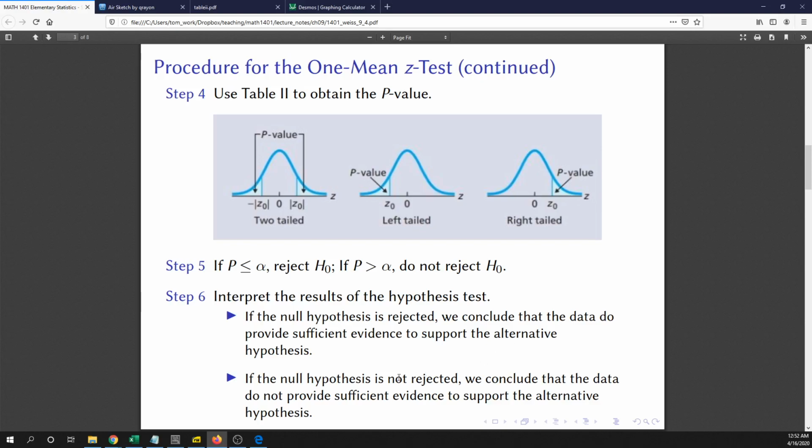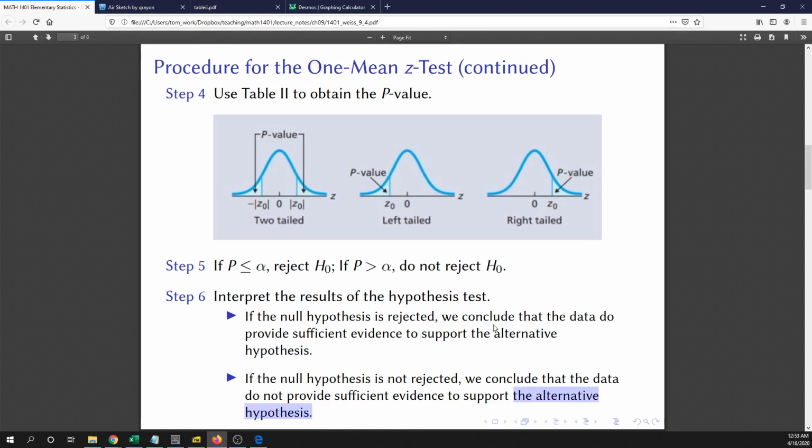All right, and then if you fail to reject or do not reject, then you conclude that the data do not provide sufficient evidence to support the alternative hypothesis. So in your conclusions, it's going to be stated in terms of the alternative hypothesis either way. All right, so make sure that you pay attention to this.